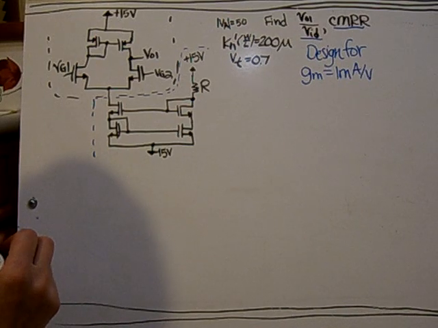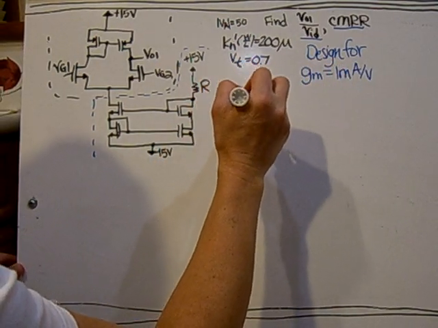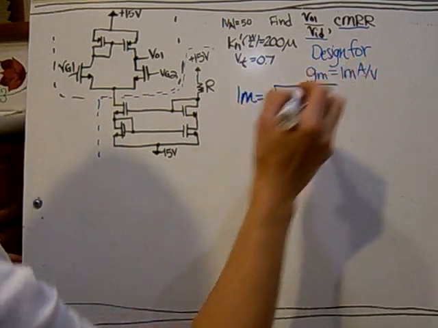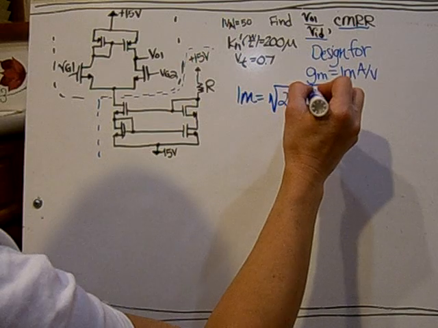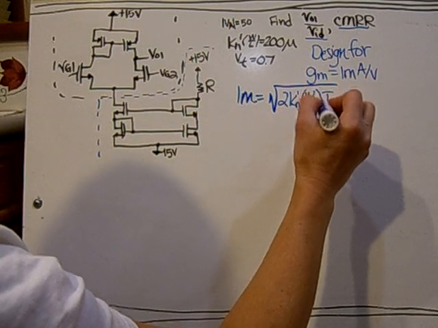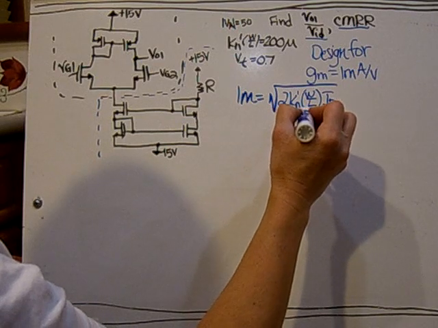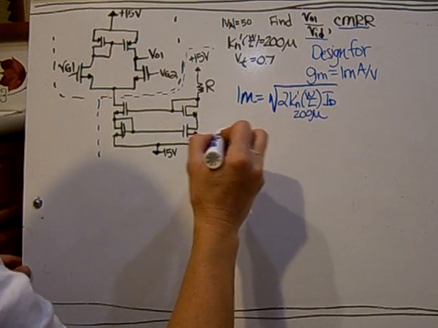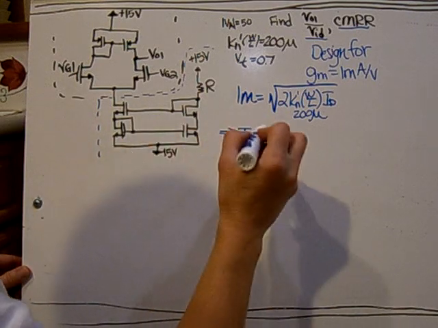the transistors. So with GM, that tells us that we can find the current from that. So we can solve this for the current. This is 200 micro. That gives an ID equal to 2.5 milli.